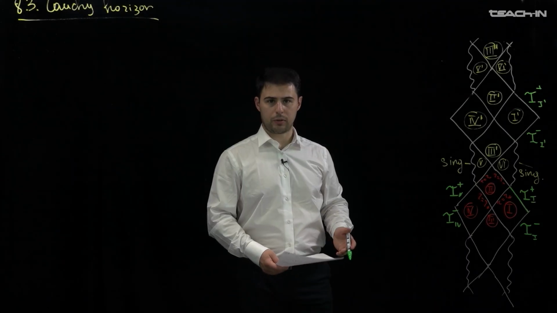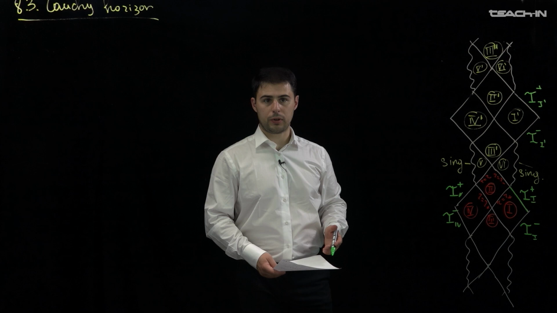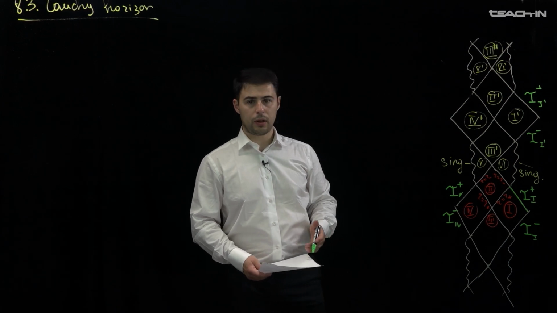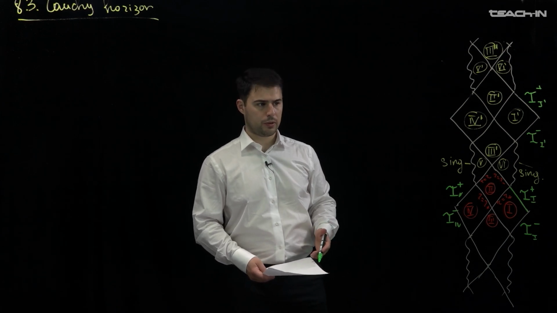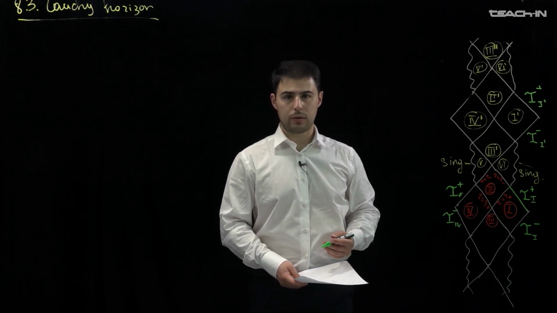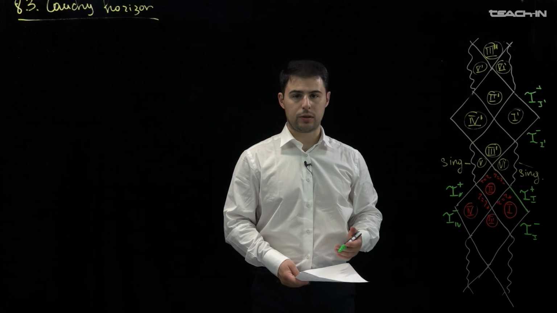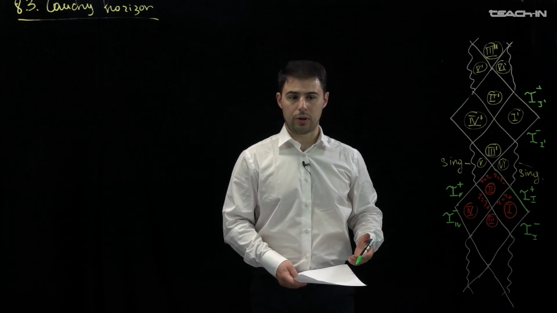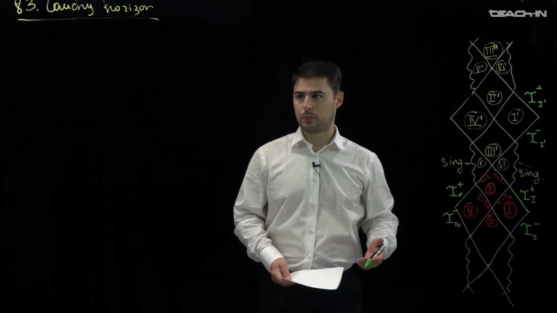While this diagram is correct, most of it is unphysical. If you look closely at the regions 5 and 6, they contain time-like singularities, and time-like means that these singularities can be avoided, escaped.